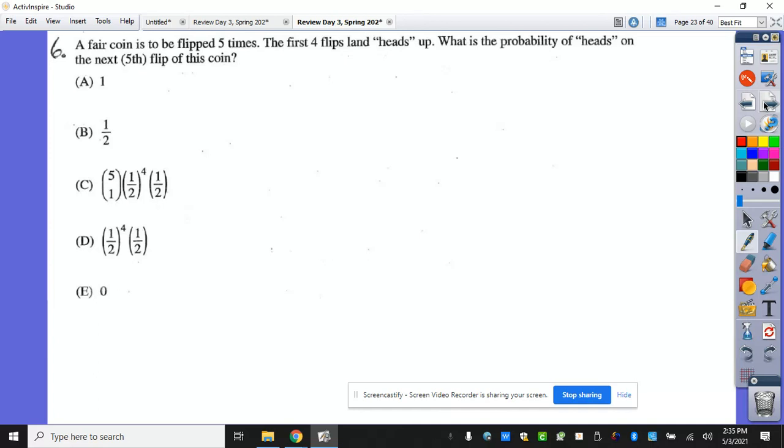So let's use that to talk through these. C, what kind of a probability is C? What's the only thing we have that starts with something like this that isn't a fraction? It starts with a number over a number. Binomial. So this is a binomial.